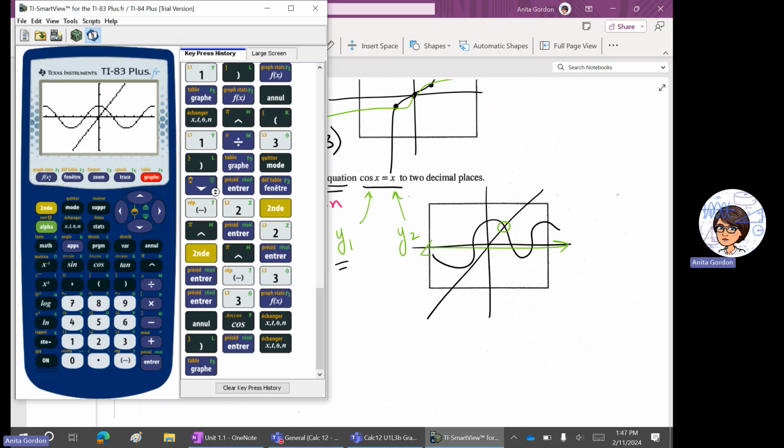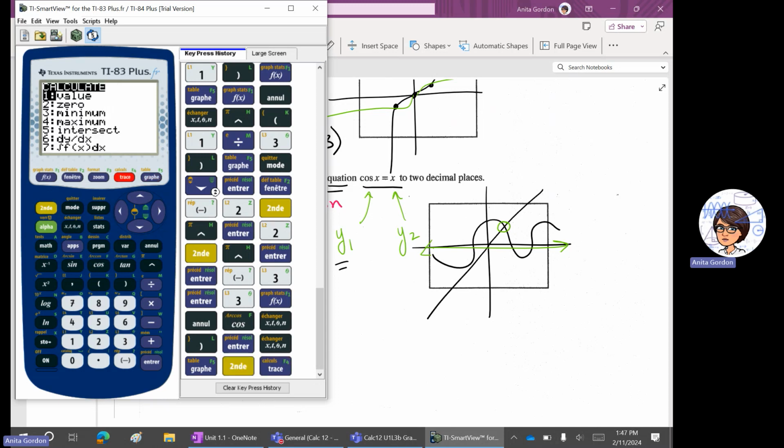Notice that of the 4 or 5 top buttons, there is one called trace. So you could actually trace the graph along and you could kind of get close to the intersection point, but we actually want the answer. We want it to calculate it. And calculate is just above that button in yellow. So second trace is going to say calculate.